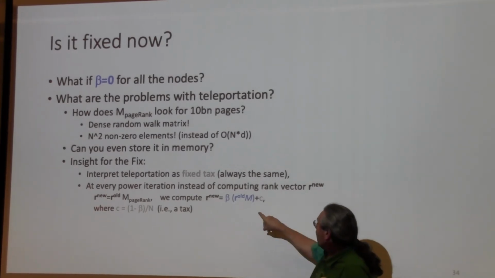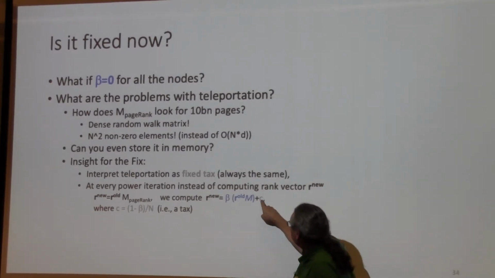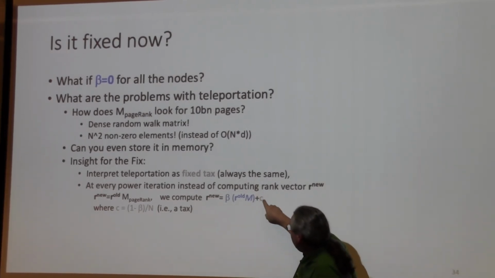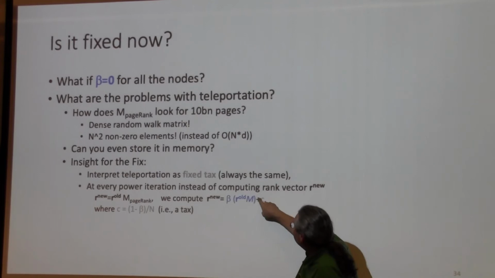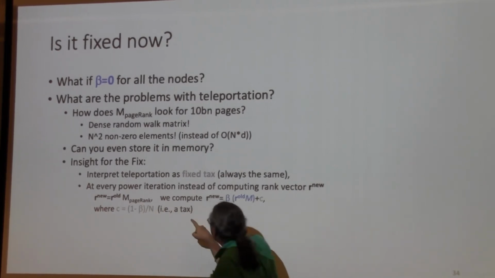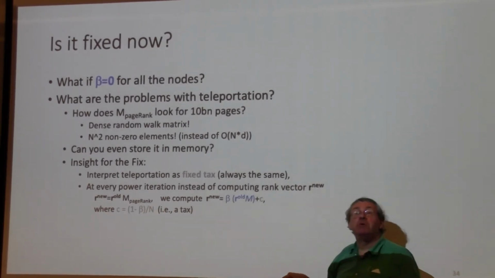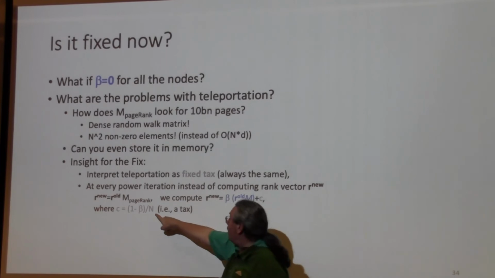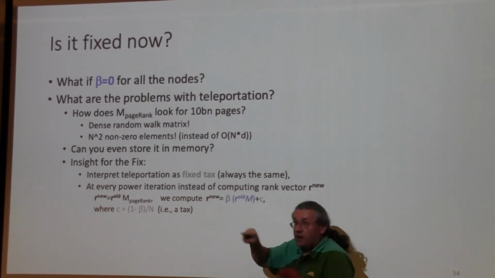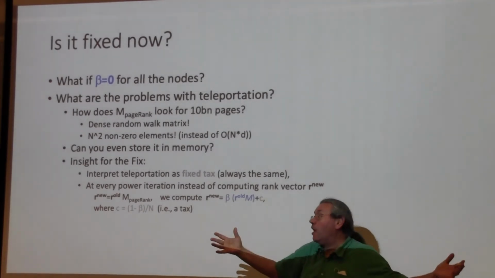And if you look at the computation, you're adding a constant vector, 1 minus beta over n. N is 10 billion here. And here you have a vector.